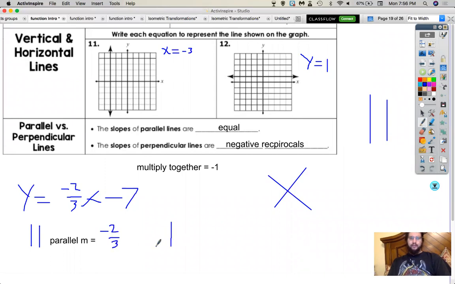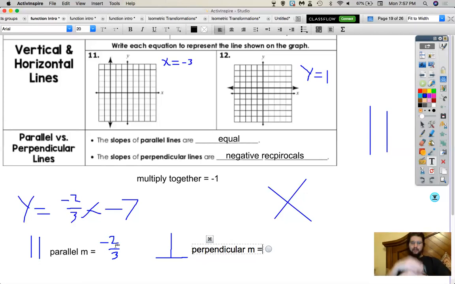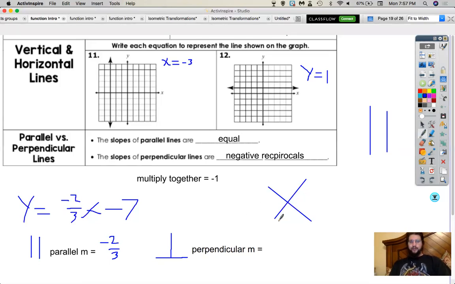Perpendicular, that's represented by an upside down T. That's a negative reciprocal. That means you reciprocate, you flip it, and change the sign. That's going to be positive 3/2.